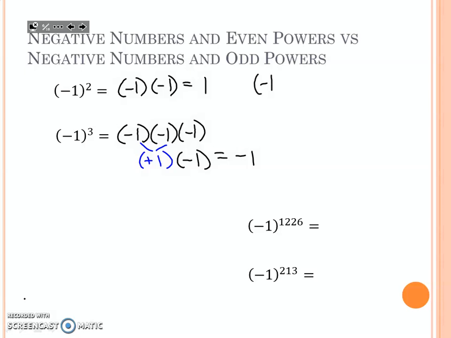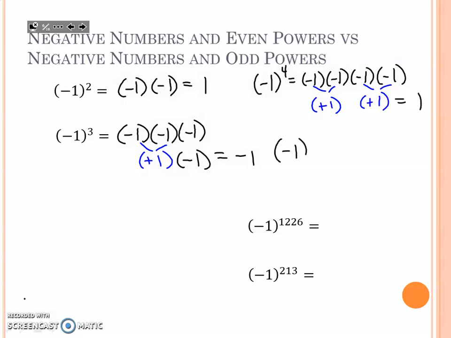If I have a negative 1 to the 4th power, there's 4 negative 1s, right? Okay? These two come together to give me a positive 1. These two come together to give me a positive 1. What's positive 1 times positive 1? Well, that's positive.